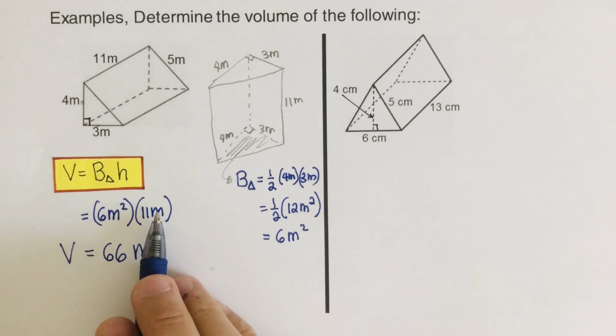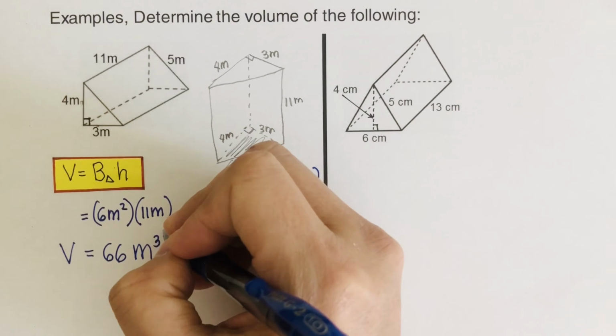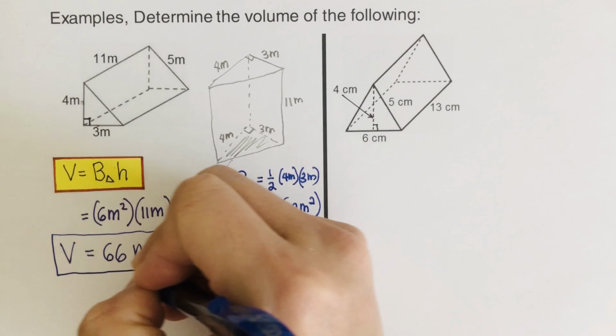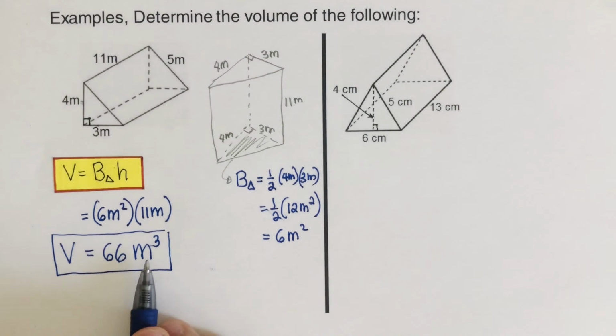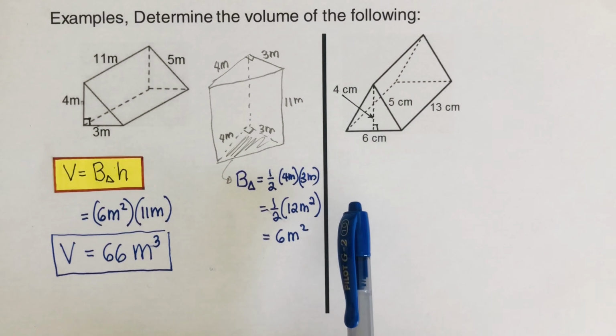That is 3, because we have a 1 here and 2, so combined together it's a cube. So this can be read as 66 meters cubed or 66 cubic meters. At this time, I would encourage you to pause this video and try this problem out on your own. And when you're done, unpause it and check your answer.